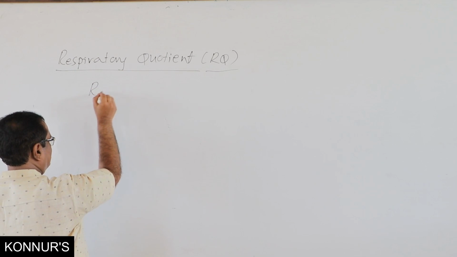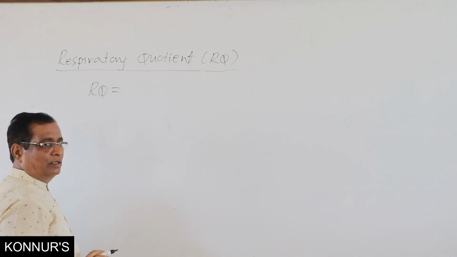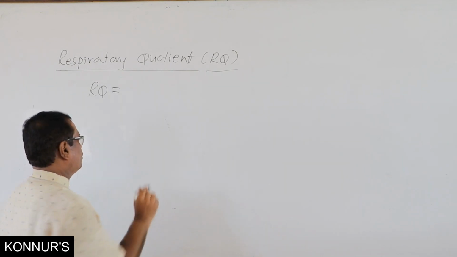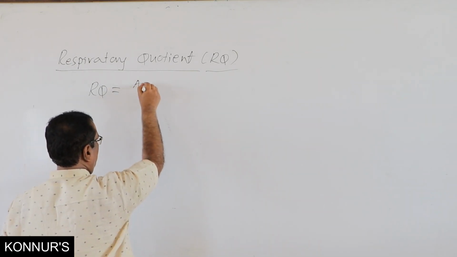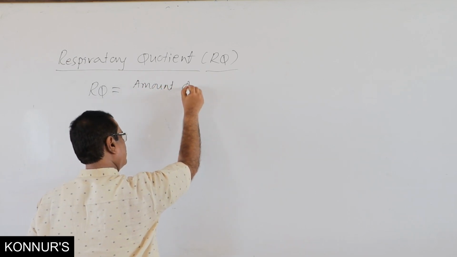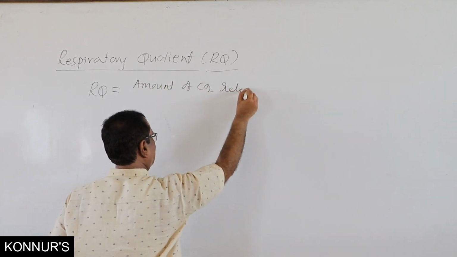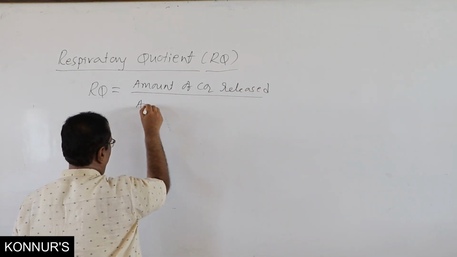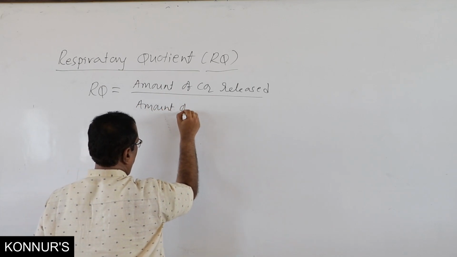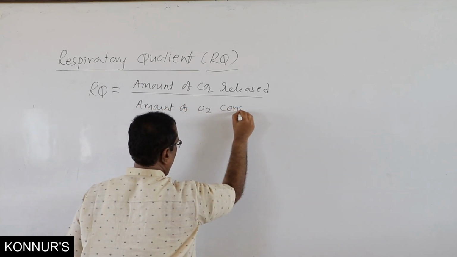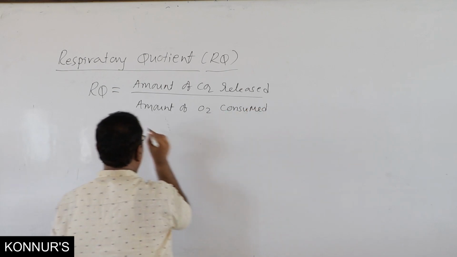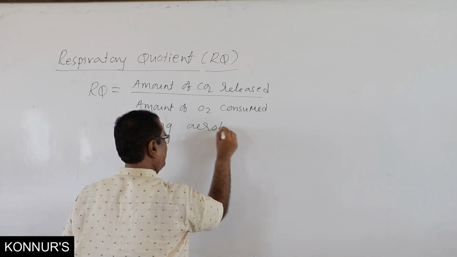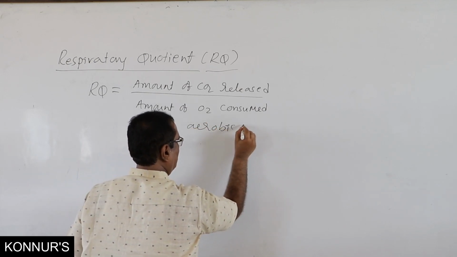The definition tells: respiratory quotient is the ratio of the amount of CO2 released to the amount of O2 consumed during aerobic respiration.